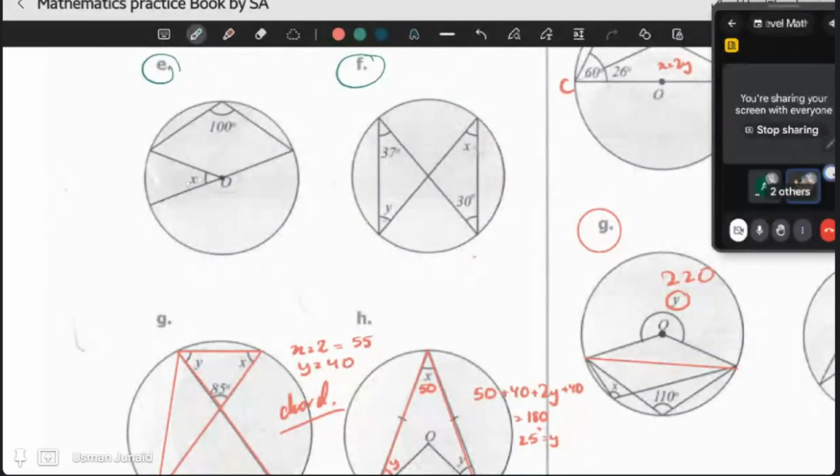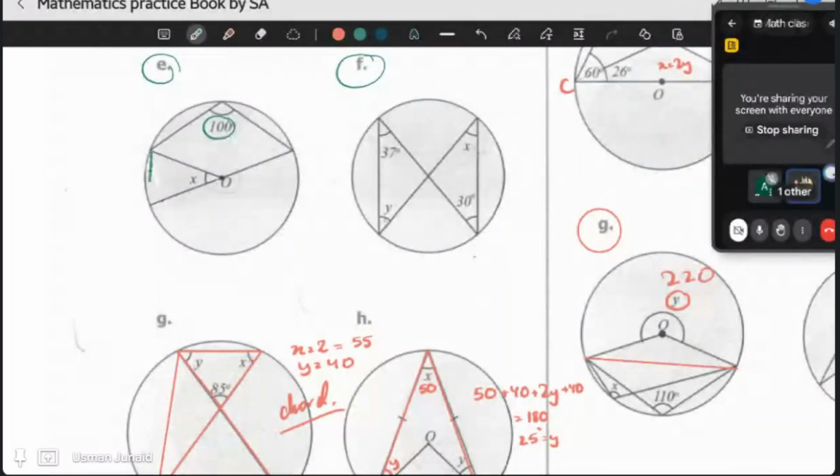How did you get 18? सर ऊपर वाला 100 नीचे वाला ओके इक्वल होगा ना, फिर उसके बाद 180 से माइनस किया तो x की वैल्यू निकली. Nope. So you said that this is 100. तो ये क्या हो जाएगा? 100.